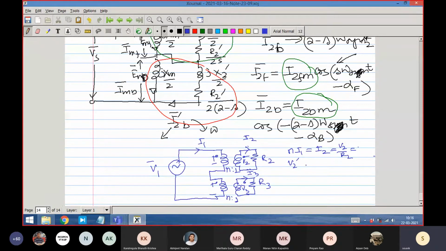V2 dash is equal to N V2. That is V2 dash. This is equal to, because N to 1 is the turns ratio, N square I1 R2. N square I1 R2, right?